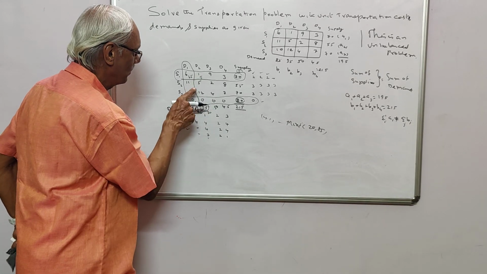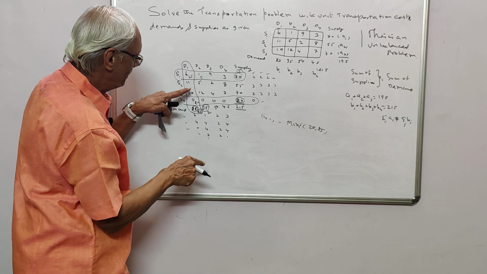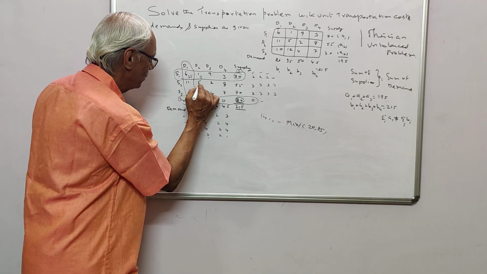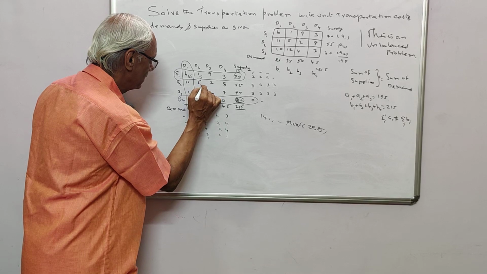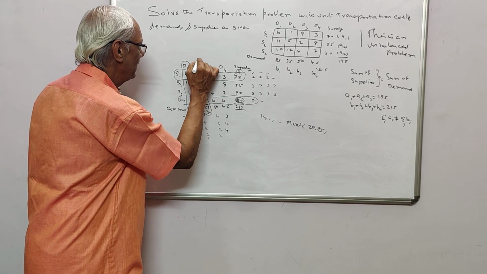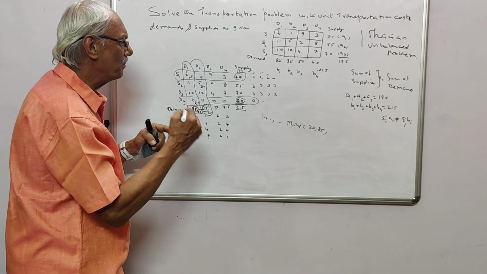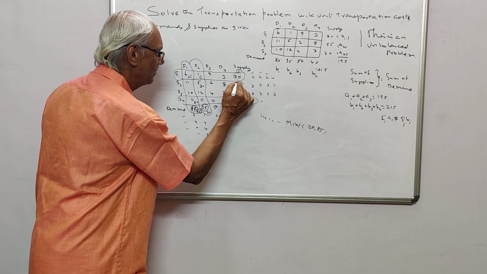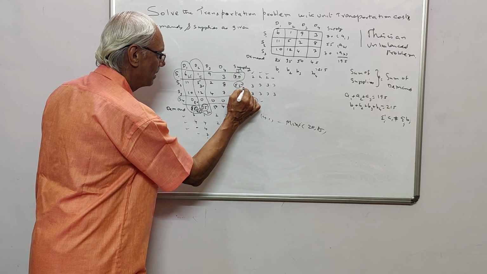Go along this column. Come to this 5. Compare this 30 and 55. Which is the minimum of these two? It is 30. So round off this like this. The meaning is that the D2 is completely satisfied. So you see that this 30 if you give, the remaining is 25.